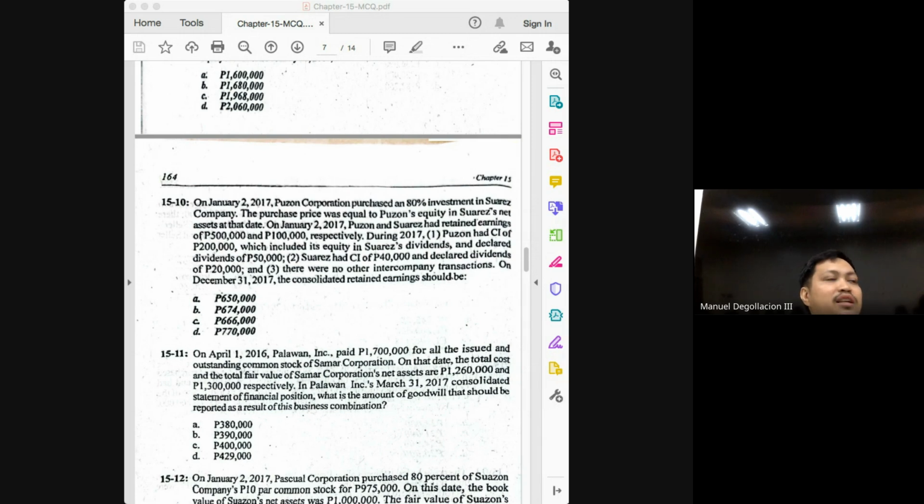Meaning, if you are asked for year 10 ending RE, the undistributed earnings should be from the very beginning, class. What do I mean? How did we solve for undistributed earnings? Profit of 40 minus dividends of 20. If it's year 10, class, the undistributed earnings should be cumulative.